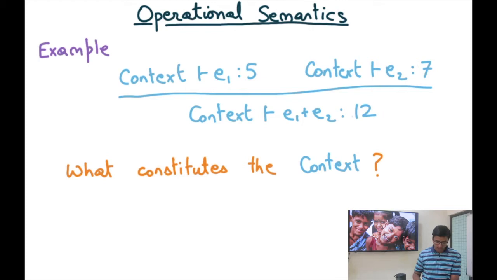All right, and now this rule seems really straightforward, and also it's a very specific rule. We are using specific values of the constants 5 and 7. Typically, we'll just use placeholders for these values, so that we can have one rule that covers a lot of different values that are possible.